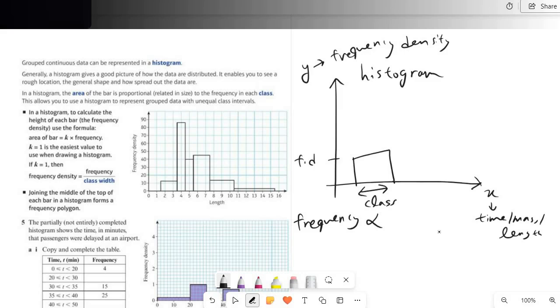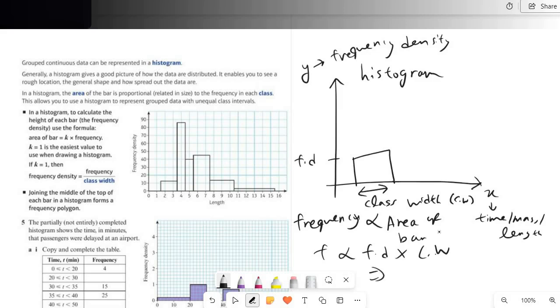If you remember what the class width was, it was the difference between the class boundaries, or this can be noted as CW. So the frequency is going to be proportional to the area of the bar, or area of the rectangle here. And so frequency is proportional to the frequency density multiplied with the class width.